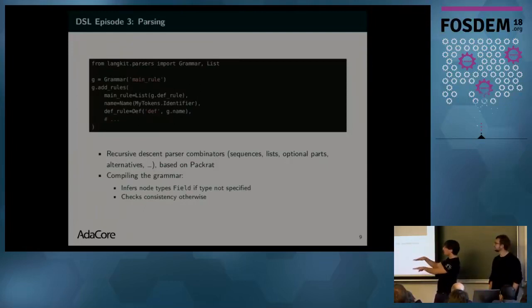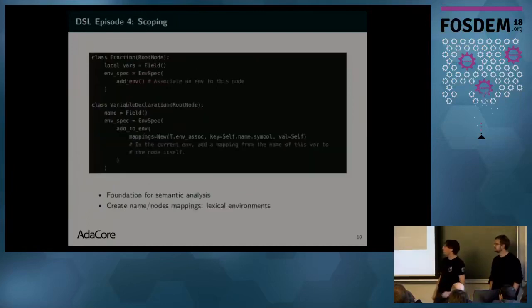Okay, so now we have the bottom layer of your front end. You have lexing, parsing, and the next step is semantic analysis. Semantic analysis is the part that will answer questions such as, okay, what is this identifier referring to? What is the type of this expression, and so on. The basis for that is what's called in the literature scoping or lexical environments.